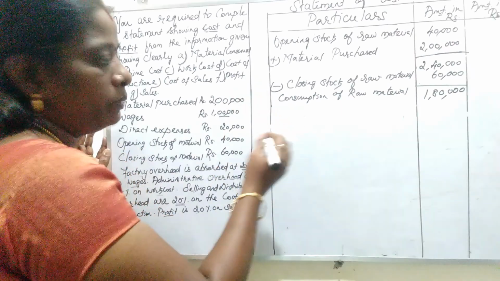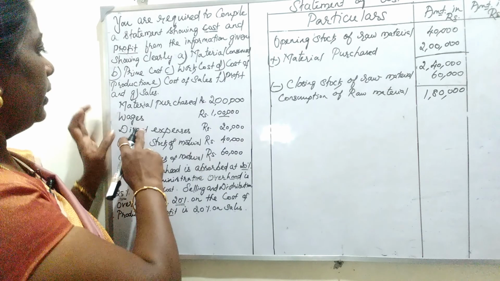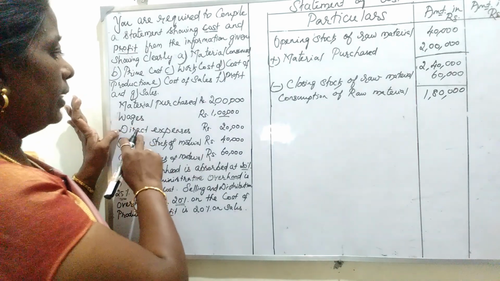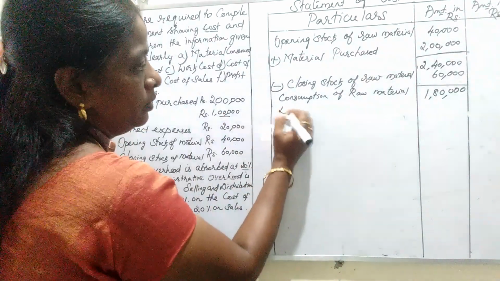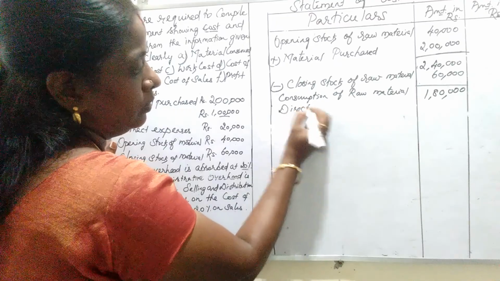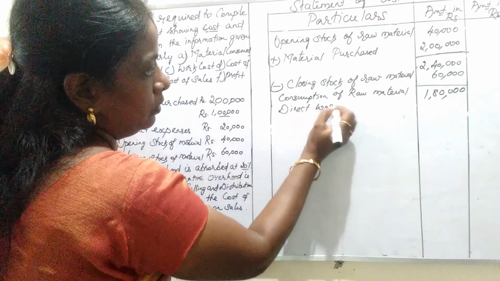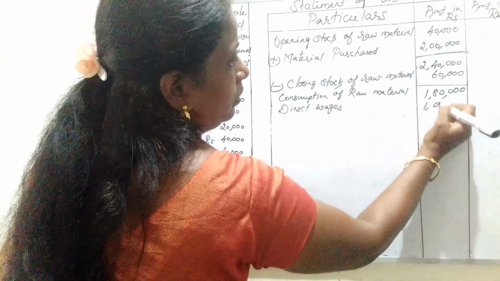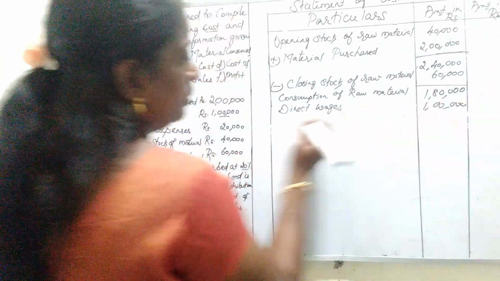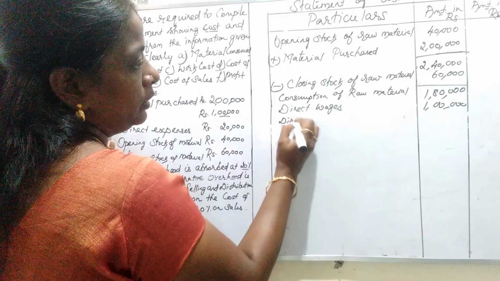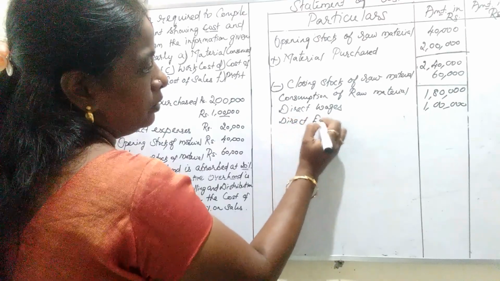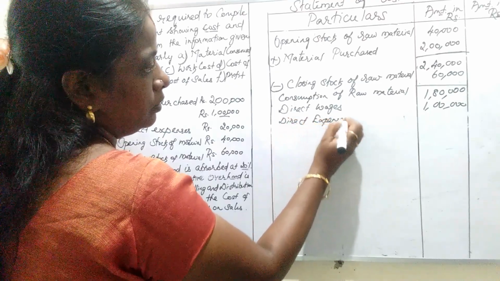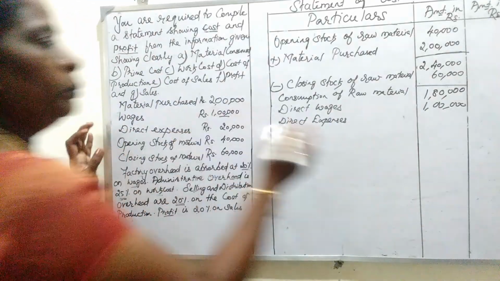we have to find the prime cost. So we should add the direct wages and direct expenses. Direct wages is rupees 1 lakh. Direct expenses is rupees 20,000.